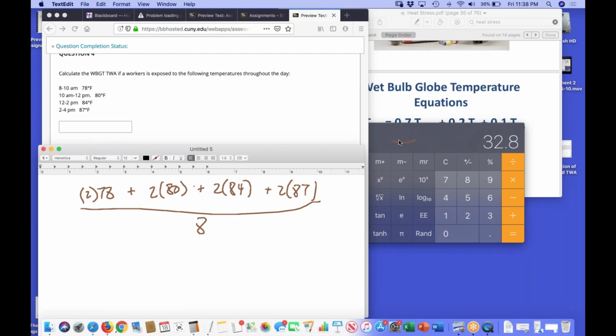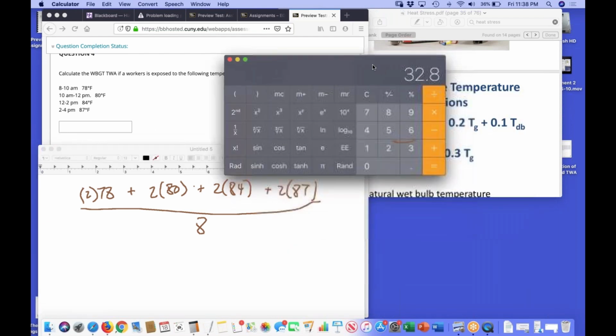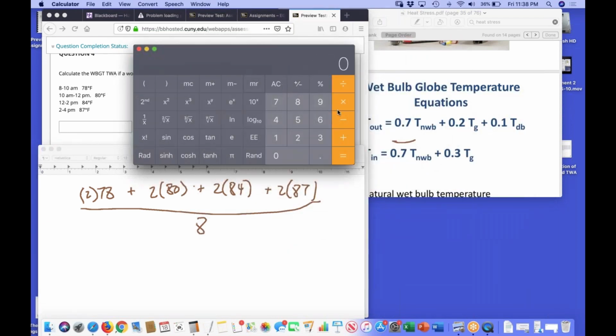Okay, if we just grab our calculator, let's see what we wind up with here. Clear out memory. 2 times 78. Let's put that into memory. 2 times 80, and we're going to add that to memory. 2 times 84, and we're going to add that to memory.